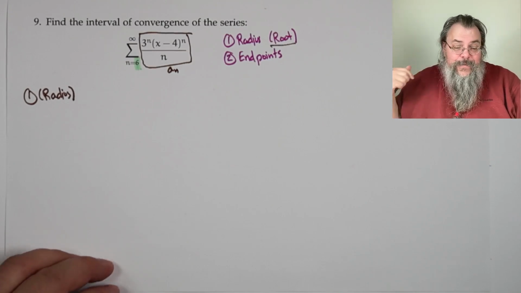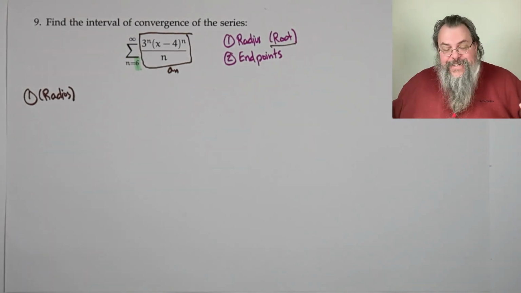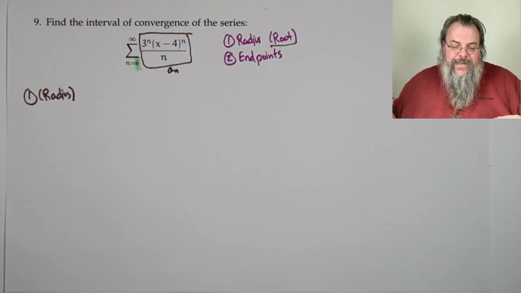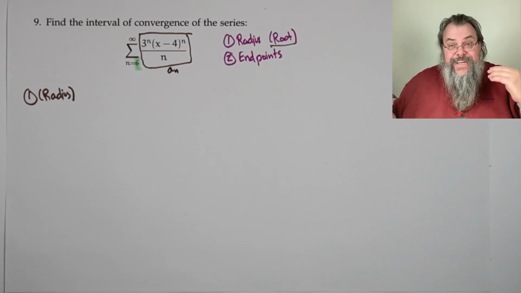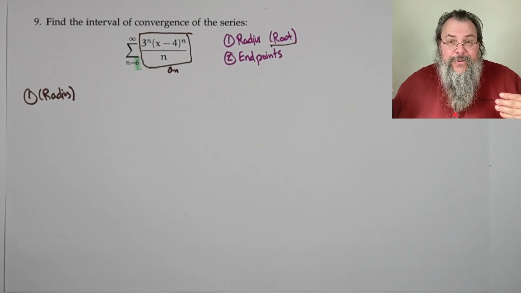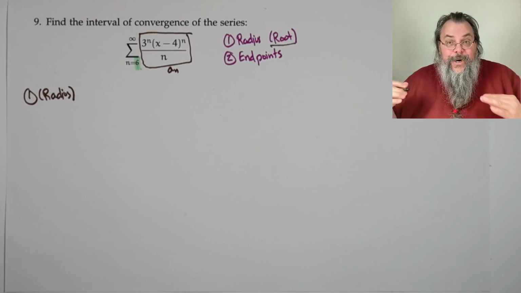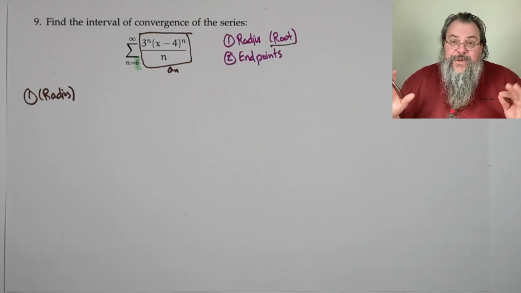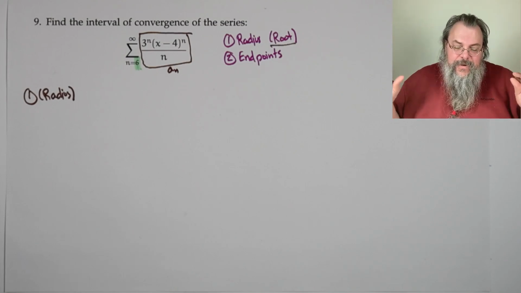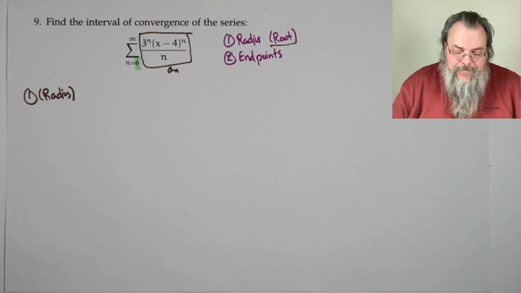Honestly, if it asks you for an interval of convergence, 99% of the time it's going to be a root test, because dealing with factorials is going to be tricky at endpoints. If they're giving you something with endpoints, there's not really going to be a factorial involved. It's really hard to do that. So to be honest with you, if you see an interval of convergence problem, you should think almost surely it's going to be a root test.